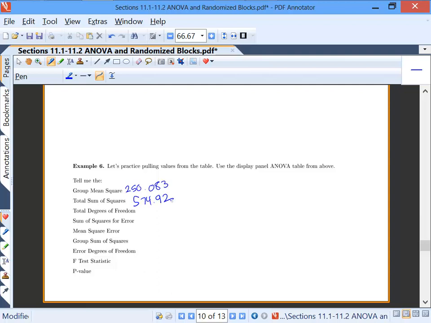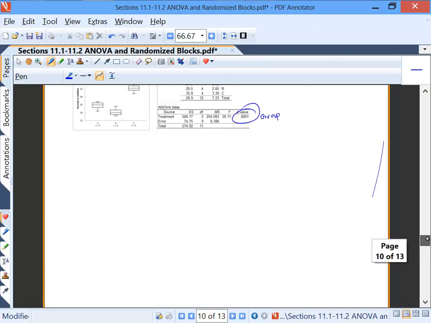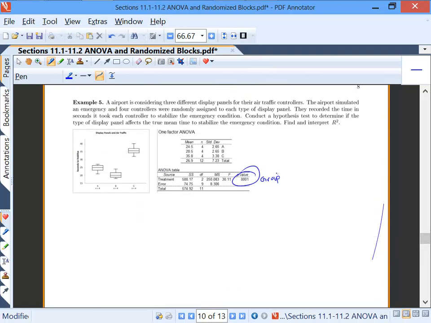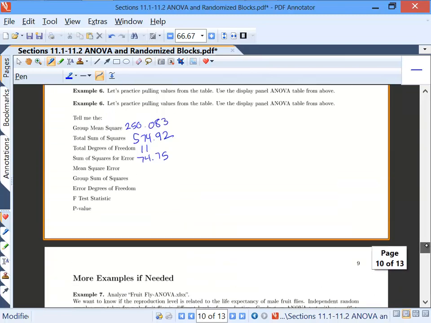Total degrees of freedom? 11. Okay. Sum of squares for our error. 74.75. Mean square error. 8.306.